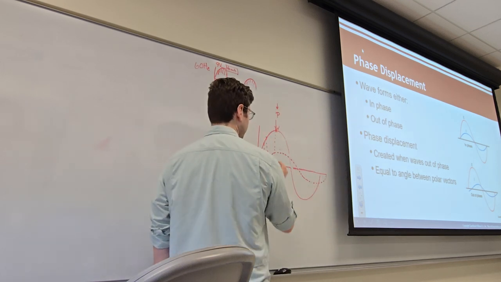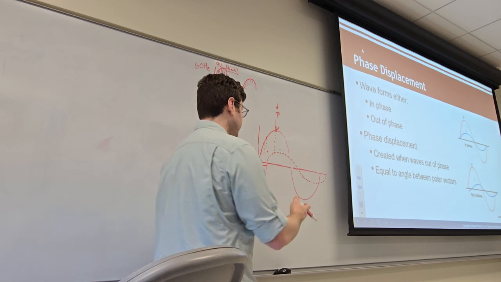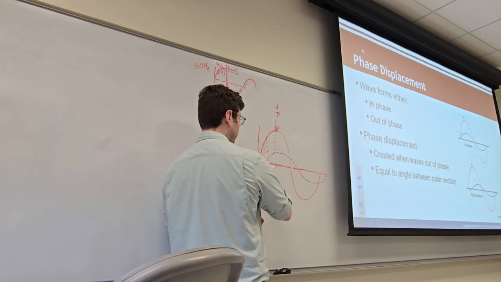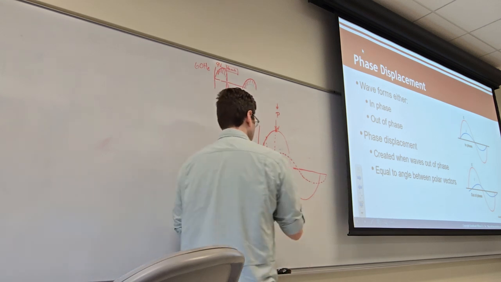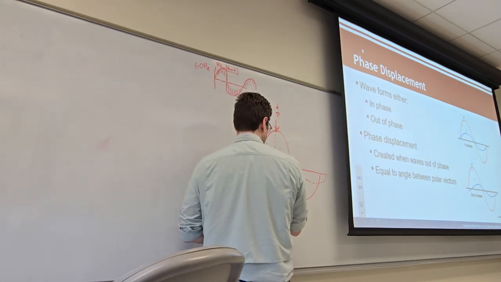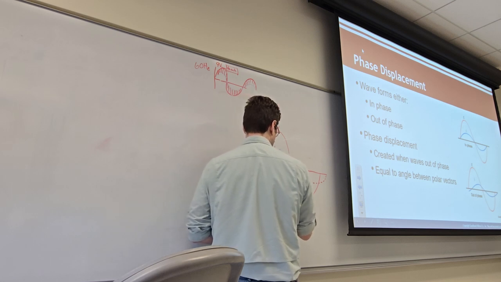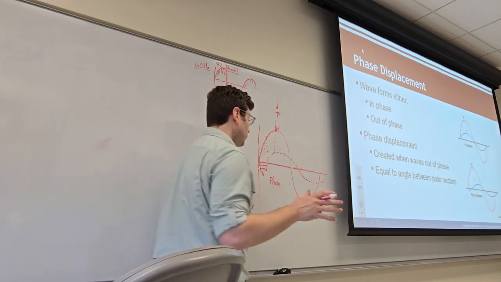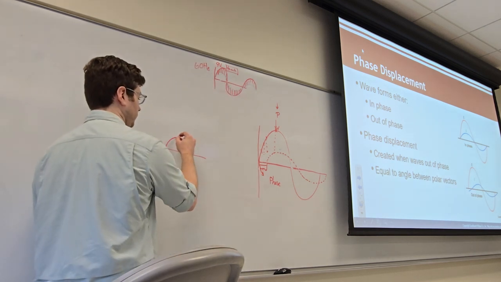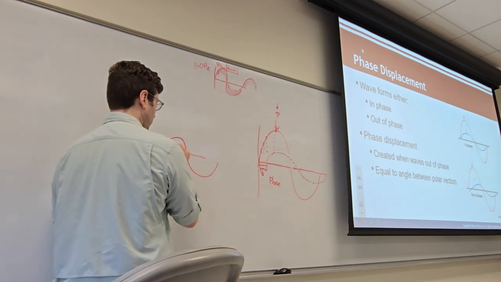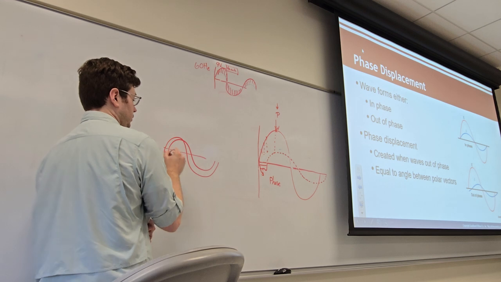Okay, so you see how it is a little bit out of phase. It's this far off. If we scooched this dotted line this far over, it would be lined up, right? This difference, okay, is our phase displacement. We call this two signals being out of phase, right? So if we have one signal that's going in this direction and one signal that's a little bit later, okay, they are out of phase by this much.